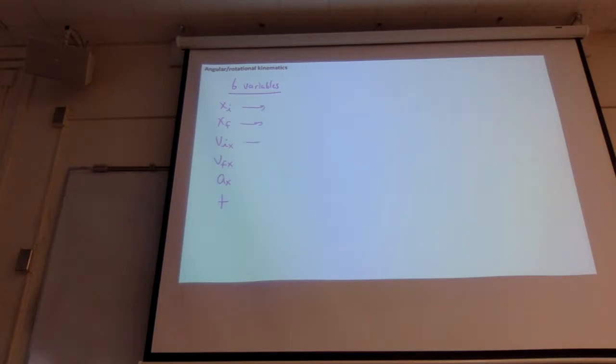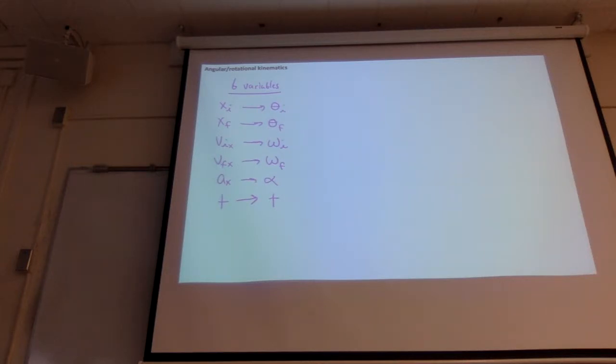We're just going to switch all these over into angular versions. So the first one becomes an angular position, so it'll be theta initial, and then an angular position, theta final. This one will be omega initial, that'll be omega final. This one is alpha, and that is time.